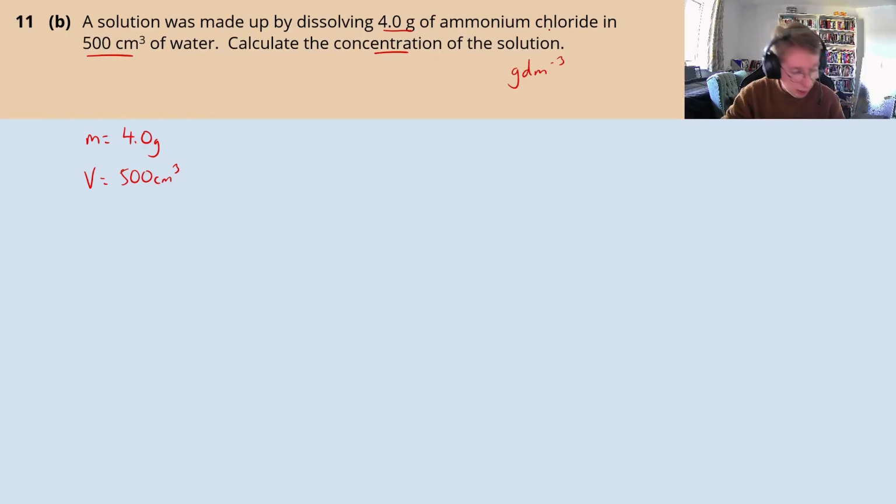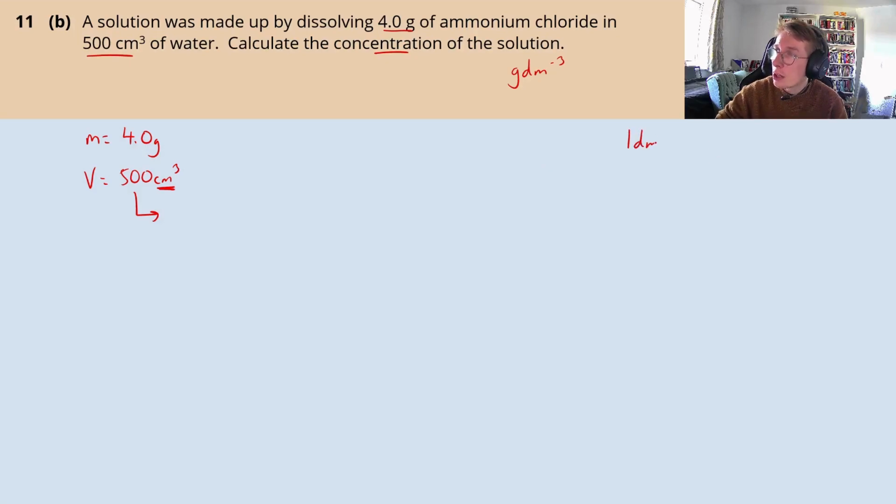You might notice a slight issue here, and that this question is worth more marks than the last one. I am not given a volume in decimeters cubed. I've been given it in centimeters cubed.